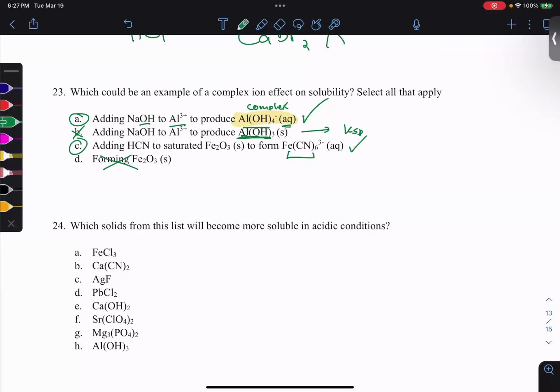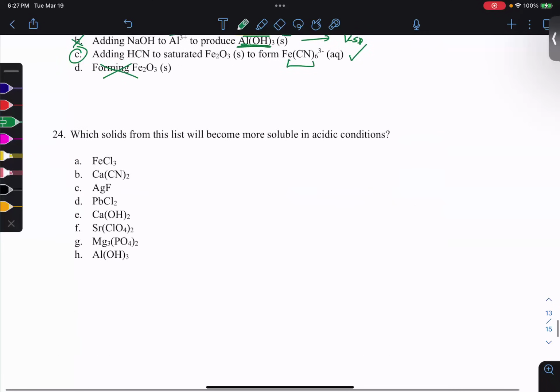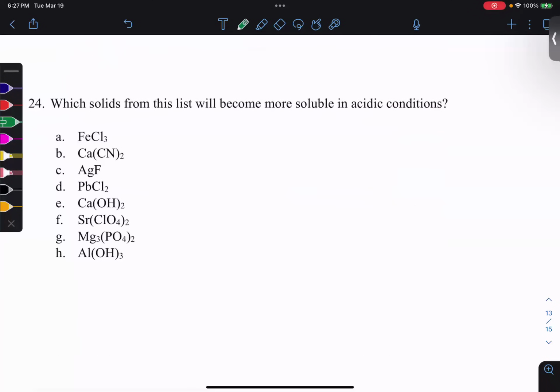All right, now finally, that was complex ion, pH things. Which solids from this list are more soluble in acidic conditions? This is really an application of chapter 16. Remember in the lab, chapter 16, I gave you a bunch of salts and asked you, is this salt acidic, neutral, or basic?